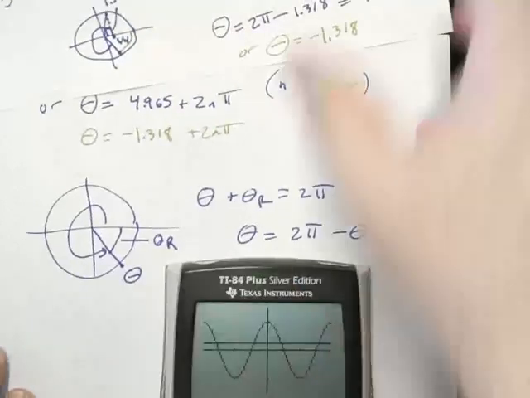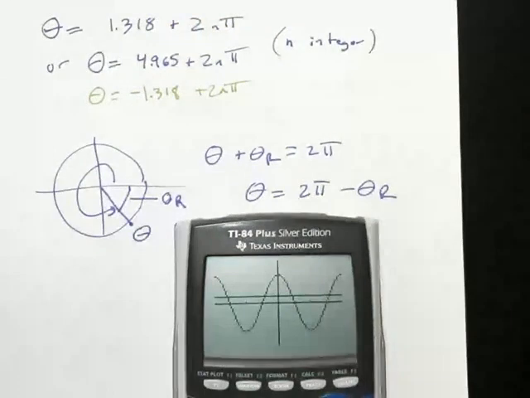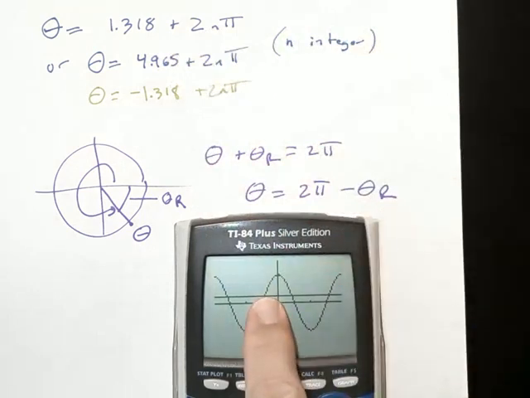If I flip left to right, it's the same, yes? And we see that the cosine part of this graph on the left is exactly the same as the cosine part on the right. And that's why I can use 1.318 and negative 1.318, because everything that happens on the left side and the right side has to match up perfectly.